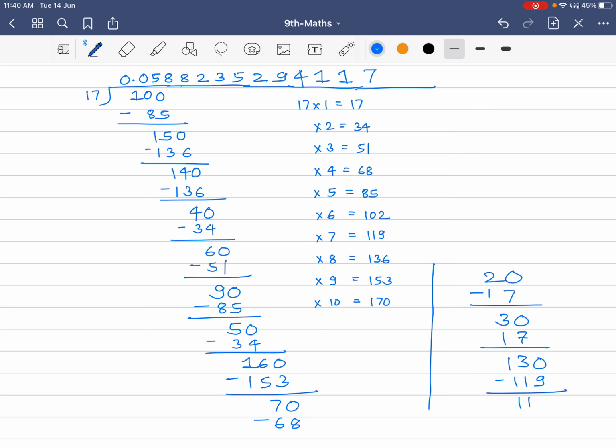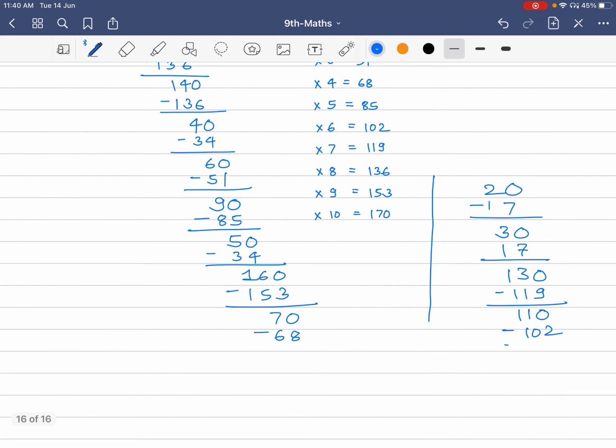So the remainder is 11, and once again I put a 0, then 110, and for 110 I have to go with 6. So I'm going to put here 6, and it is 102, and the remainder is 8.